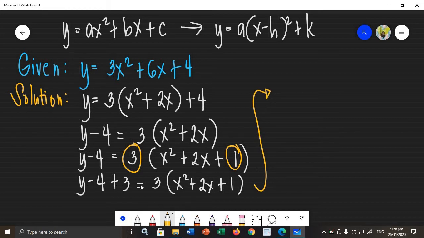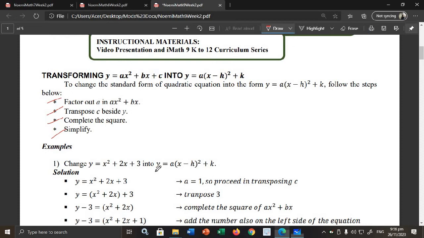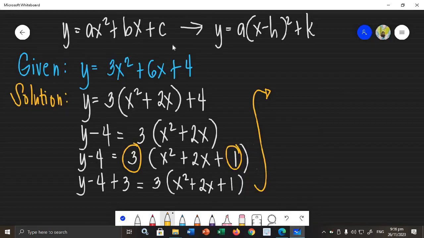So now, we can simplify. Okay? Complete the square. We are done with that. We can now simplify. So here, we can combine the constants on the left side of the equation. So y negative 4 plus 3, the answer is negative 1. So y minus 1. Okay, is equal to 3.